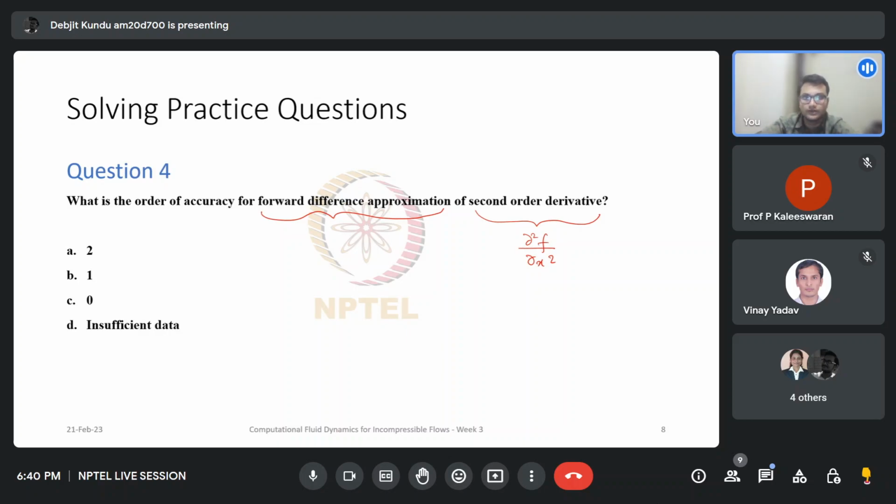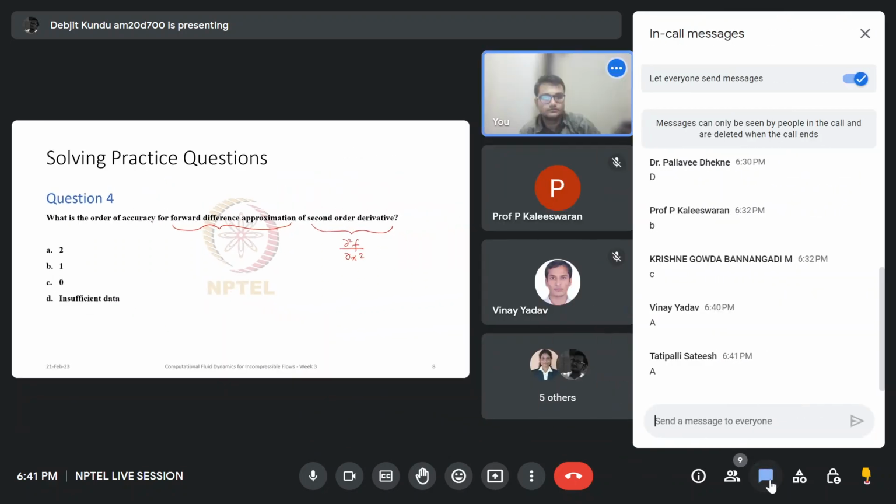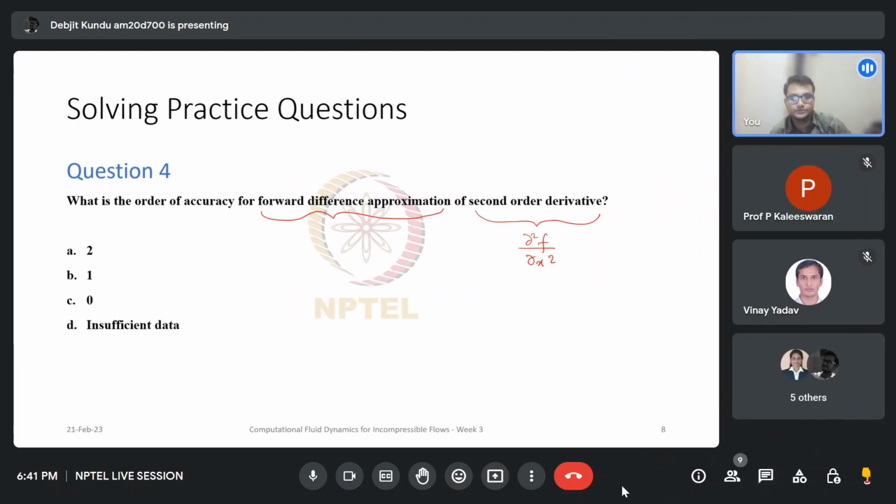To try to figure out this one first, I'll clarify. Two responses in favor of option A. A has two takers. Let's see what others have to say, if they pick any other answer or not.